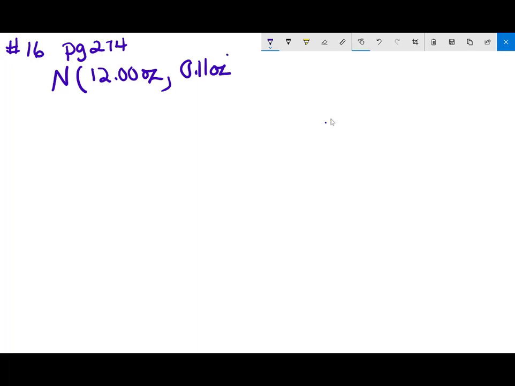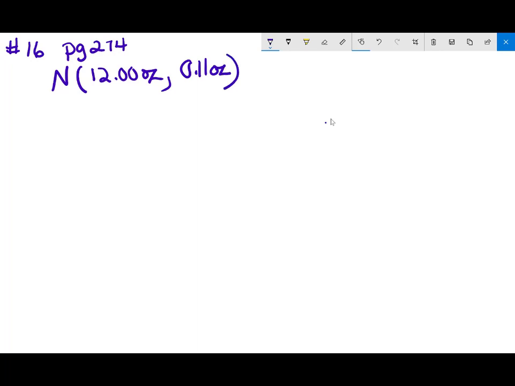Let's do number 16 on page 274. We're talking about Coke cans. Coke cans are filled so that the actual amounts are normally distributed with a mean of 12 ounces and a standard deviation of 0.11 ounce.